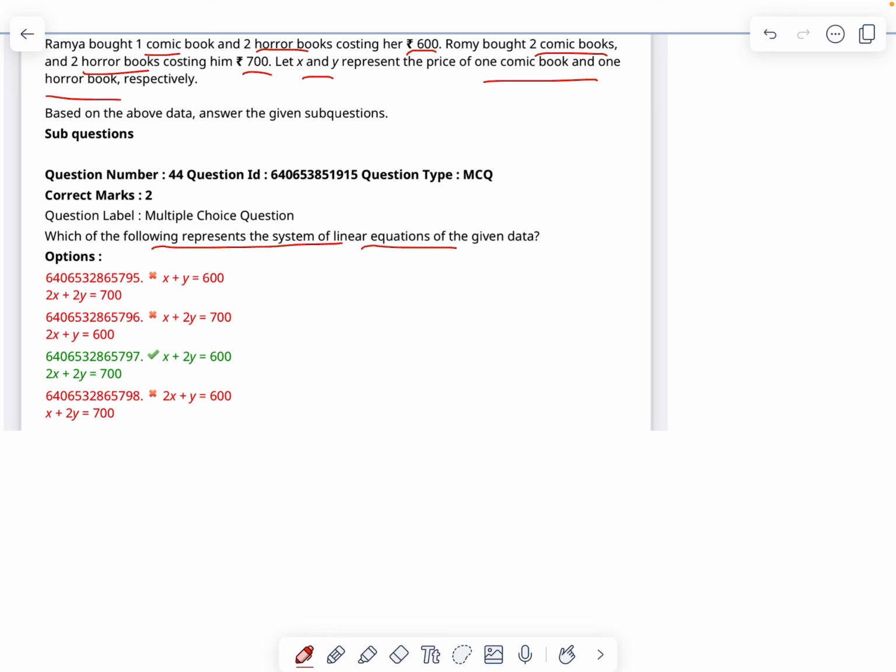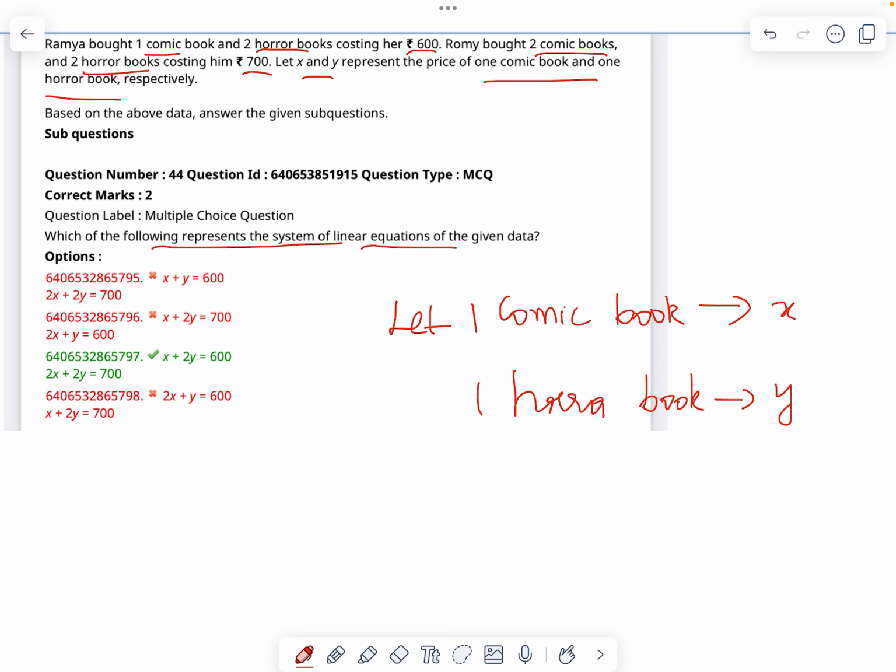Let one comic book represent x, and another horror book represent y.